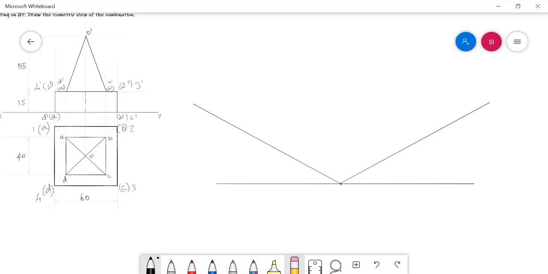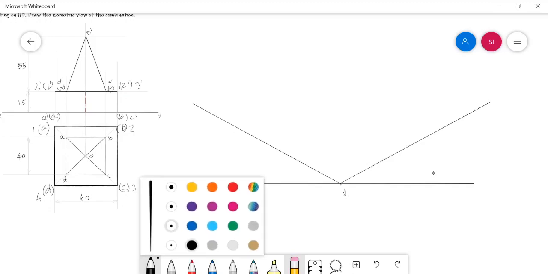That is a square slab with 60 mm side and 15 mm thickness. Here the bottom left corner of the square slab is D. That D can be located at the origin of the isometric axis, and then with the length of 60 mm, the side length 60 mm, on the left side I need to mark the corner A, and on the right side with the 60 mm length I have to mark the corner C.